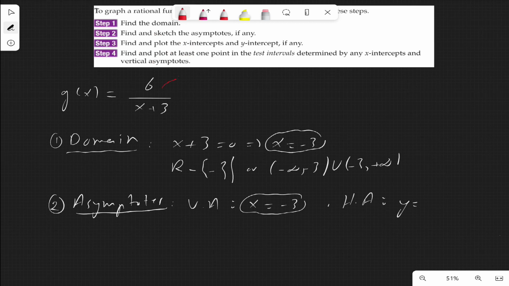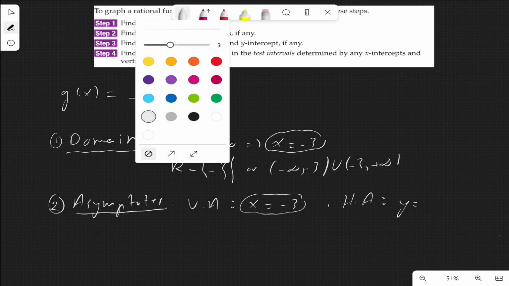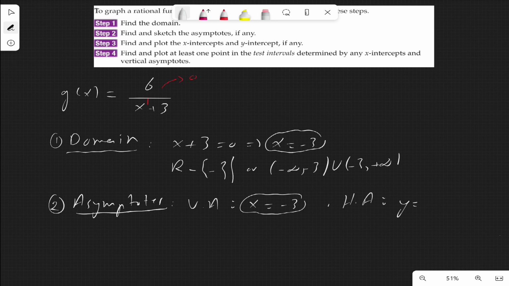The degree of the numerator is 0 because there is no x, and the degree of the denominator is 1. Degree up less than degree down, so directly you say the horizontal asymptote is 0.